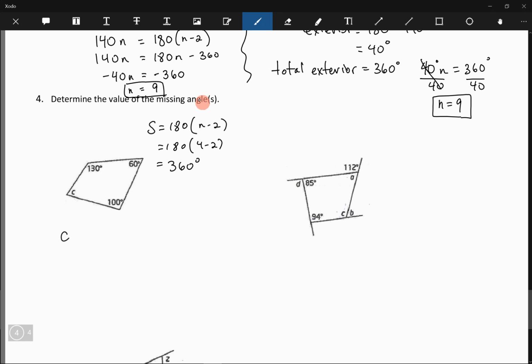So to find C, the whole thing is 360 degrees, so 360 degrees minus each interior angle, so minus 130, minus 100, and minus 60. That's going to equal 70 degrees.